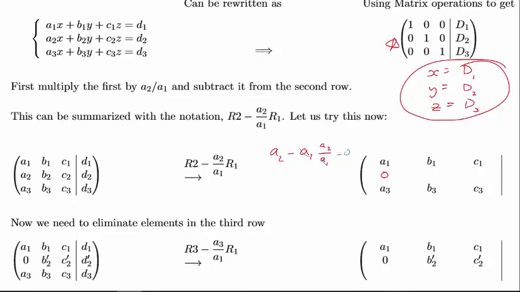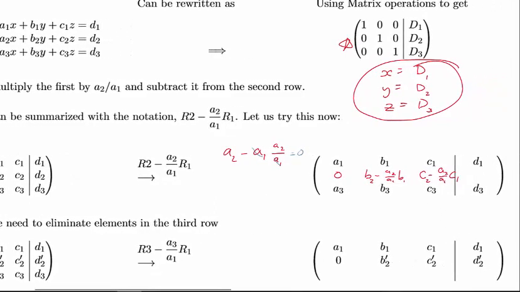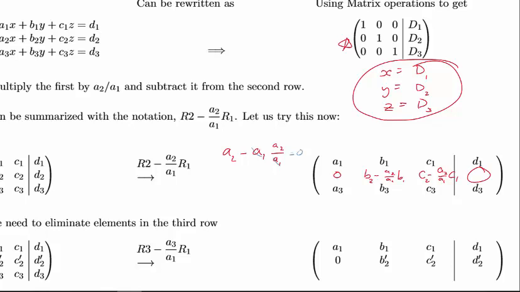And so what about this next term? Well, that's going to be B2 minus A2 over A1 times B1. And then the C2 is going to become C2 minus A2 over A1 times C1, as you see here. And then finally, the D term, D2 is going to become D2 minus A2 over A1 times D1.